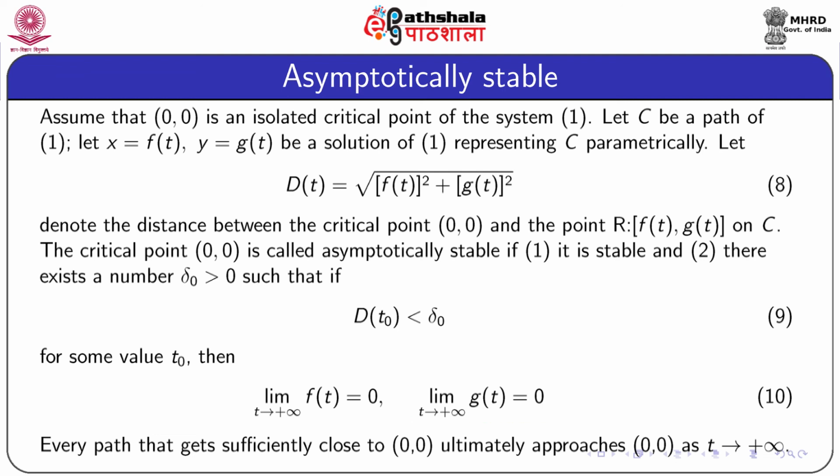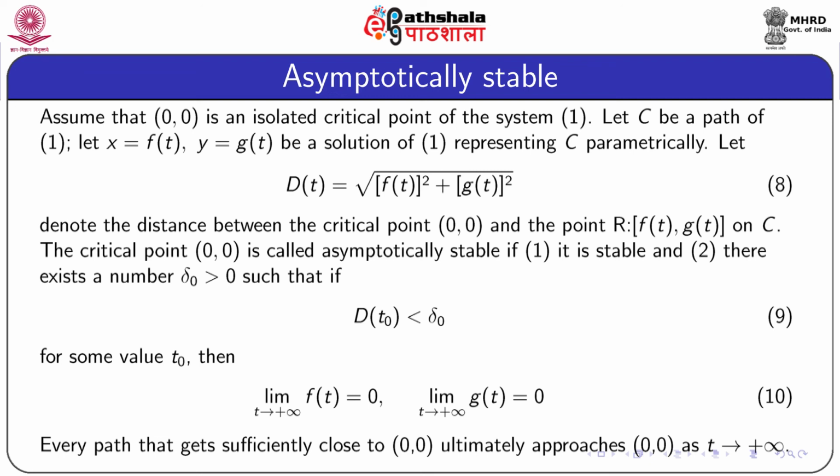If you look at the difference between stability and asymptotic stability, you will see that asymptotic stability is much stronger, because first the system has to be stable, and then it has to satisfy that it is approaching the point (0, 0), because these two are the conditions that the system will approach the critical point (0, 0).